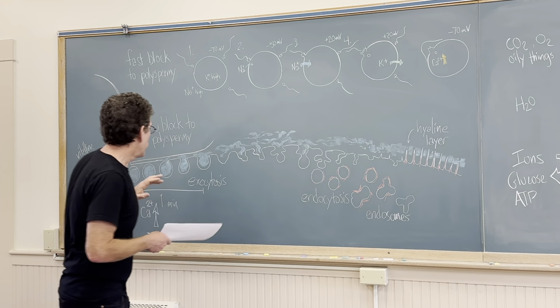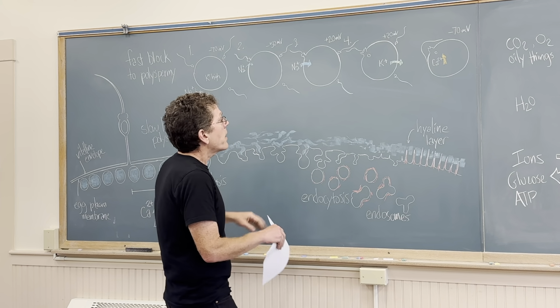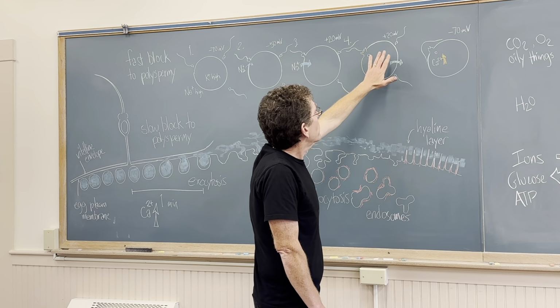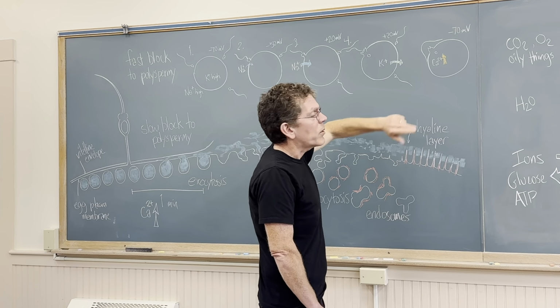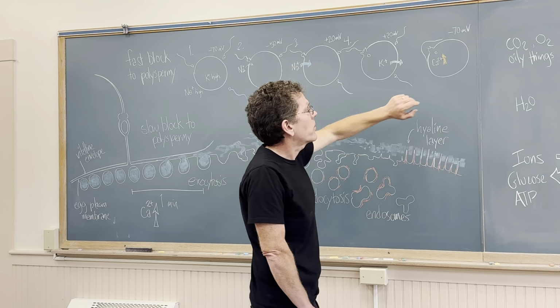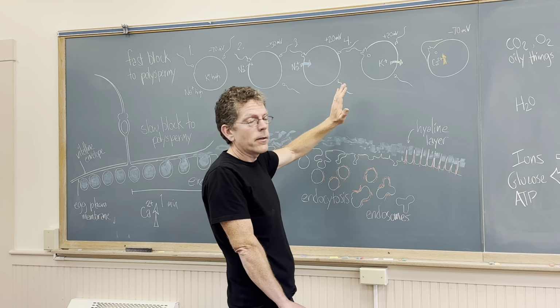Now, I want to make one little correction here. I said in the egg, at a positive membrane potential, potassium channels open and they let potassium flood out of the cell to restore the membrane voltage. Now, that's what would happen in a nerve during axon conduction, okay? It's not actually clear to me that that's what happens in an egg.